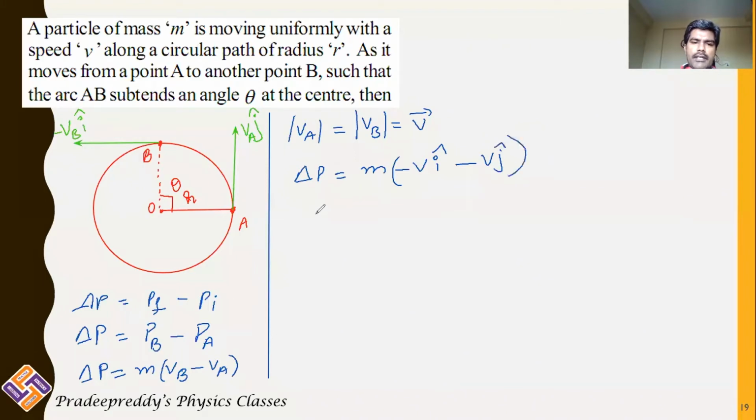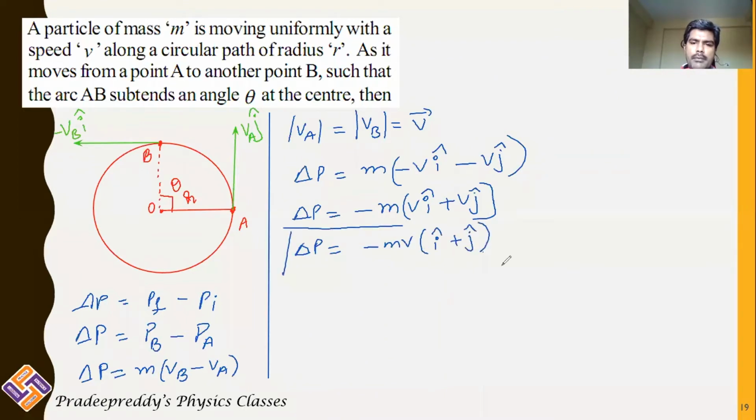This gives delta P equal to minus m into (v i cap plus v j cap), which can be written as minus mv into (i cap plus j cap). This is the change in momentum of the particle.